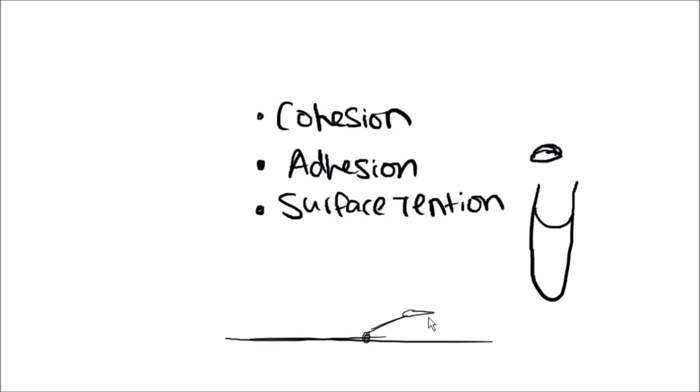Let's just say this is a bug, and it has its legs like that. Certain bugs can walk on water. Humans cannot, obviously. That's merely due to the fact that water has surface tension, and that resistance to stretching is also due to hydrogen bonding. So that's really important.